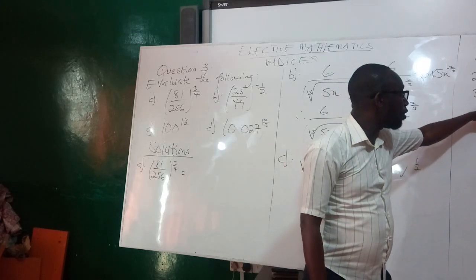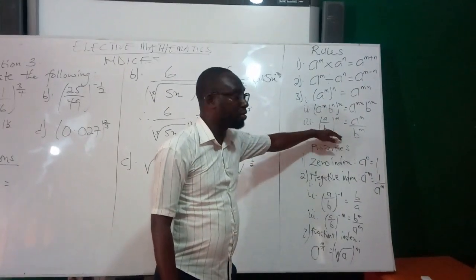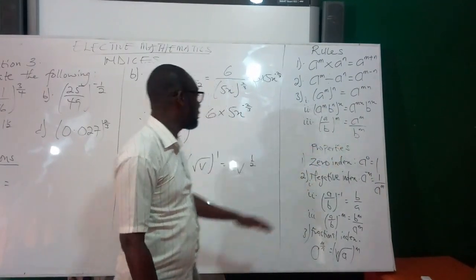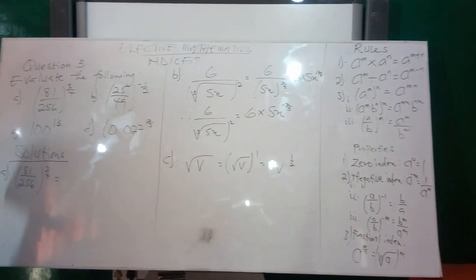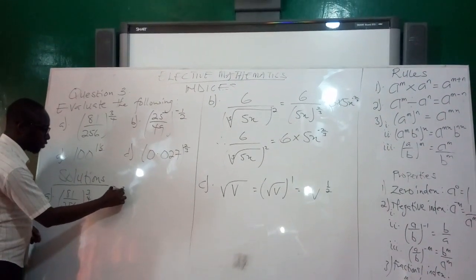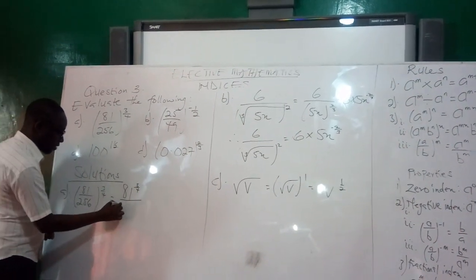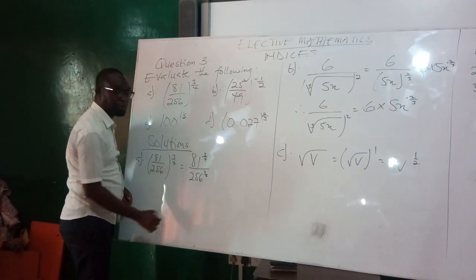So when we have A over B exponent M, it's giving us A exponent M dividing B exponent M. So we are using that property, that rule, to solve this question. So we write this as 81 exponent 3 on 4 over 256 exponent 3 on 4.